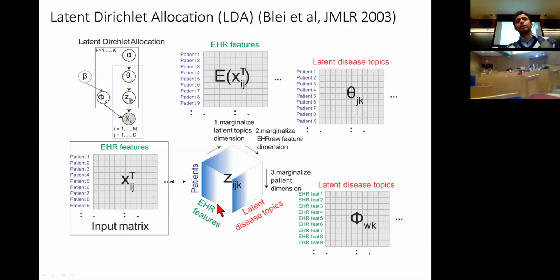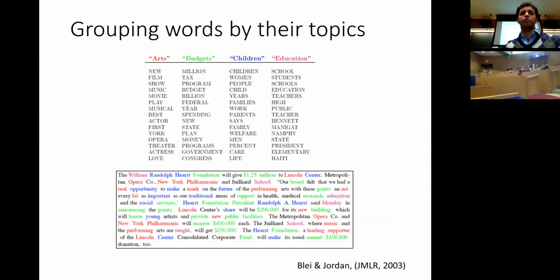By looking at the correlation between different EHR features across patients, we can infer latent disease topics. And similarly, by looking at the correlation between patients across EHR features, we can infer patient groups that are more robust than the information for any one patient.